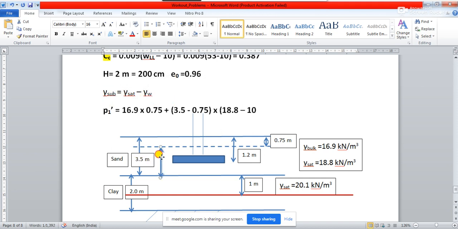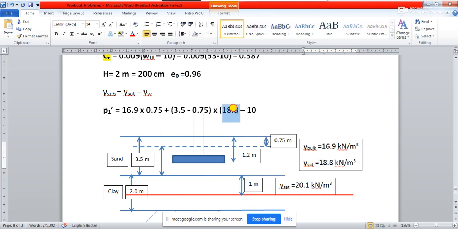So you see, this portion of the soil, that means below this water table, this sand is under the submerged condition. To find out the submerged unit weight, the saturated unit weight of sand is given.